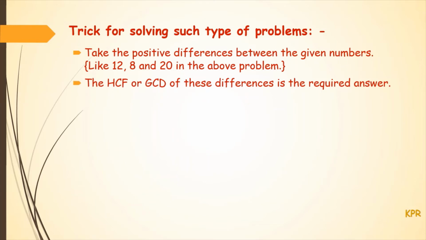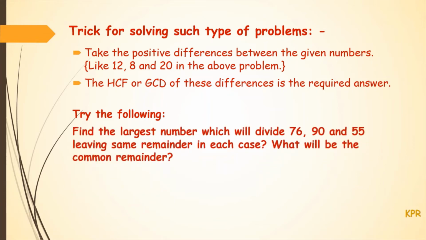Then find the HCF or GCD of these differences, which will be the required answer. On the same lines, now you can try the following problem. Find the largest number which will divide 76, 90 and 55, leaving the same remainder in each case. What will be the common remainder?